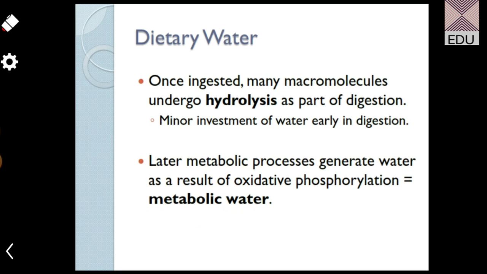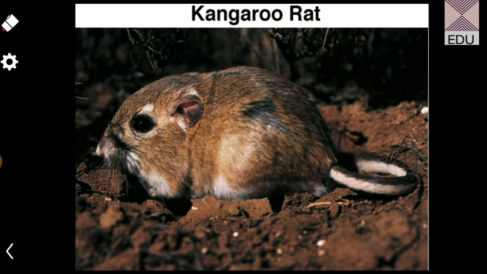This is called the metabolic water, and this water is a very good source for many of the animals. Now this is one example, the kangaroo rat. This particular rat is making 100% metabolic water, and it is not taking water from outside.